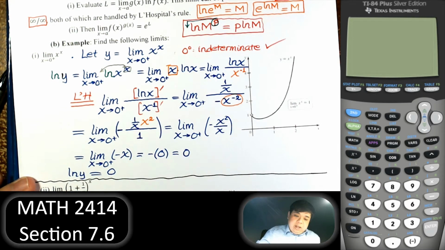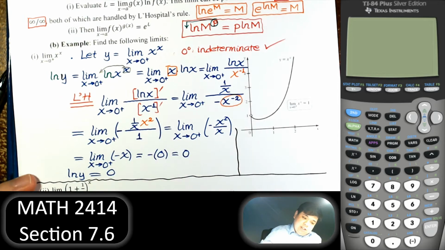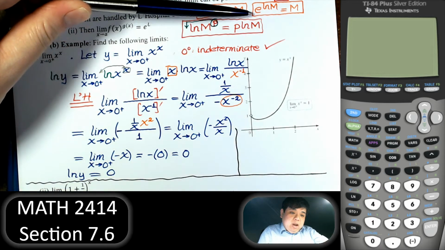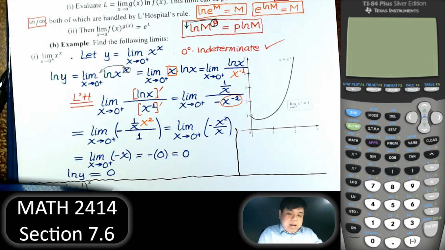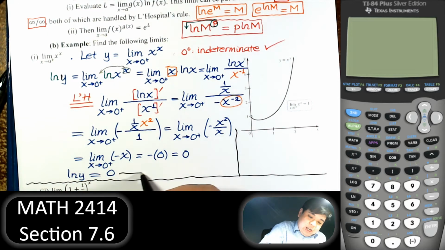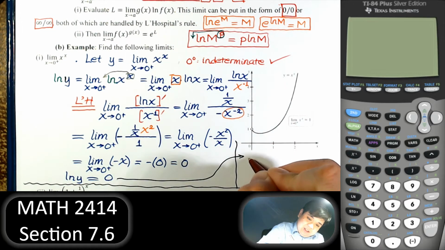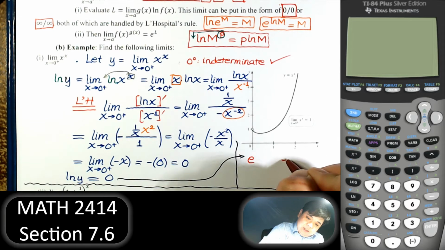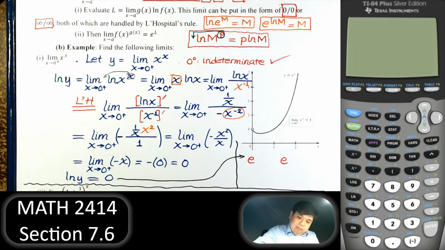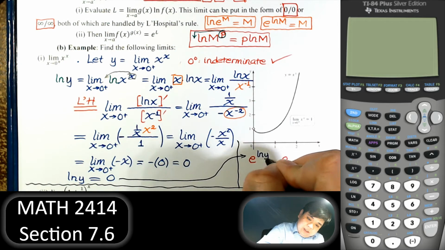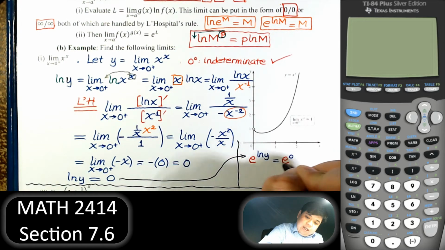So how do we go from here? Remember, if we have e to the ln, it will cancel out. So from here, what we can do is raise both sides to the power e. And e to the 0 power is 1.